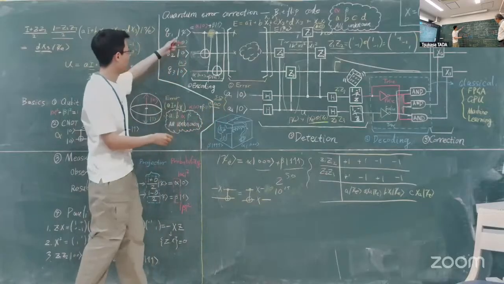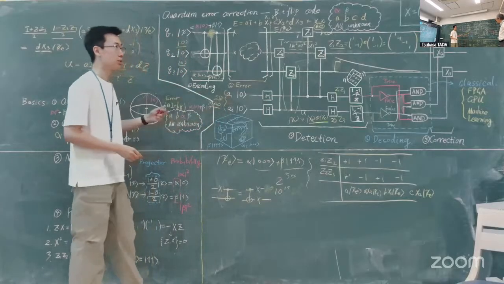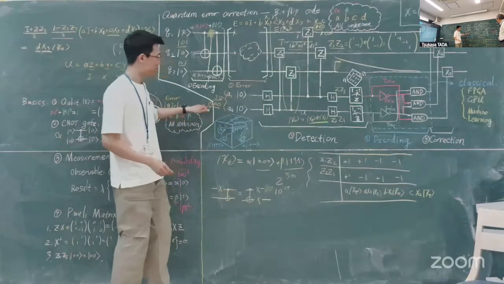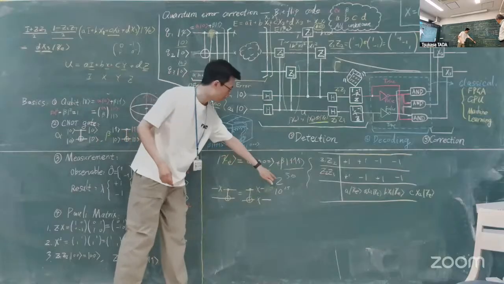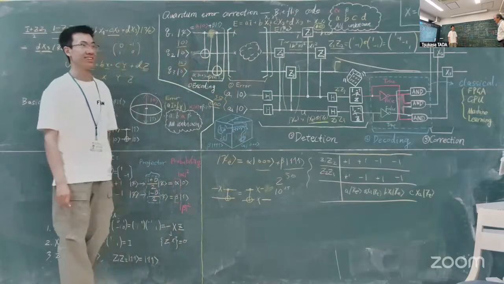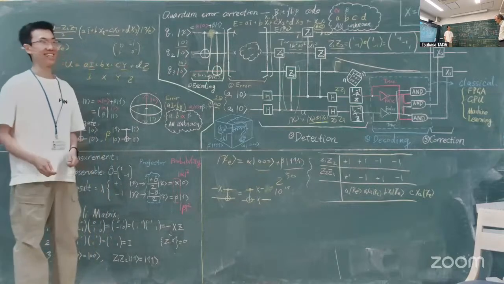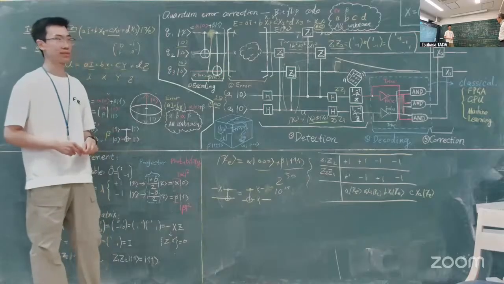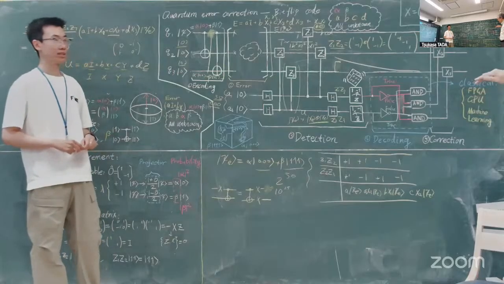So you don't have to perform some dynamic calculation of the error. Oh, I see. So the decoding part is the most difficult part.